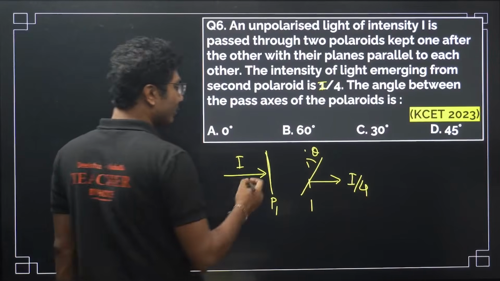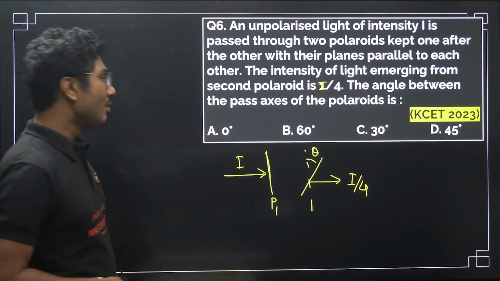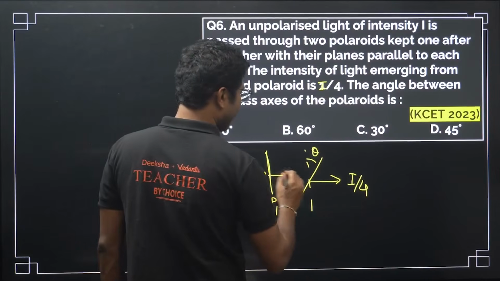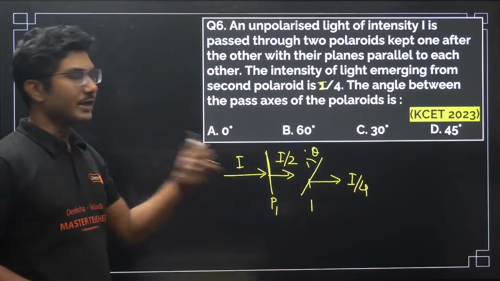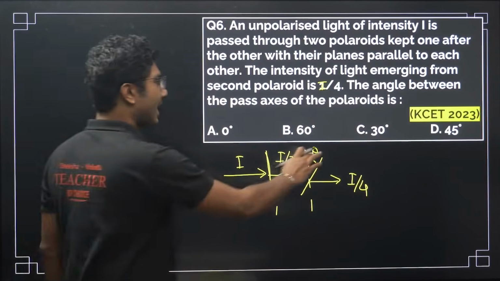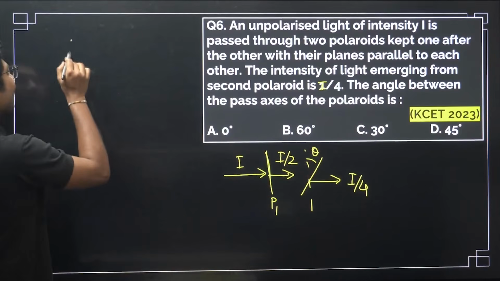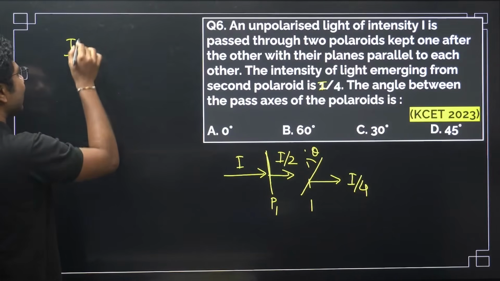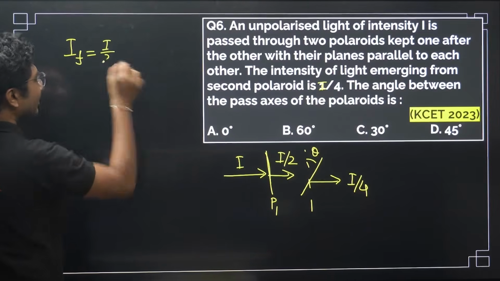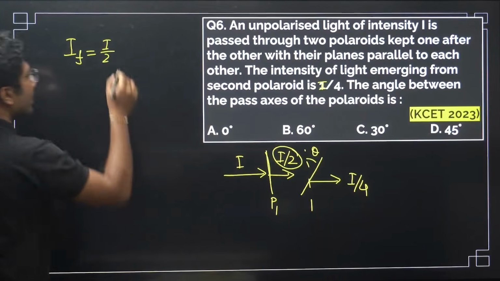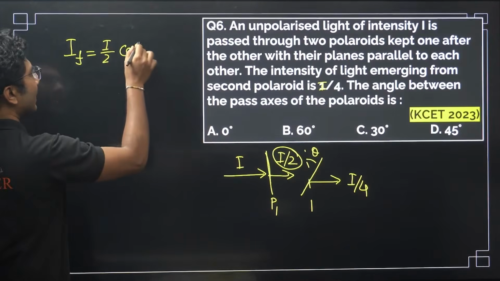As we know, when an unpolarized light passes through a Polaroid, its intensity just drops to half. So after the first Polaroid it becomes I by 2. If the angle is theta, then the final intensity IF is given by the intermediate intensity I by 2 times cos square theta.